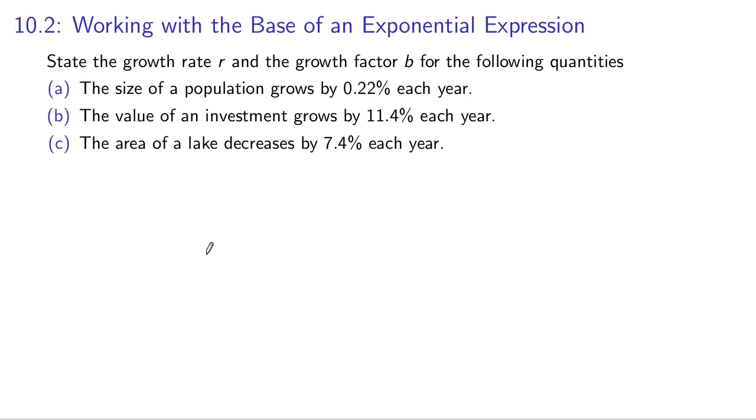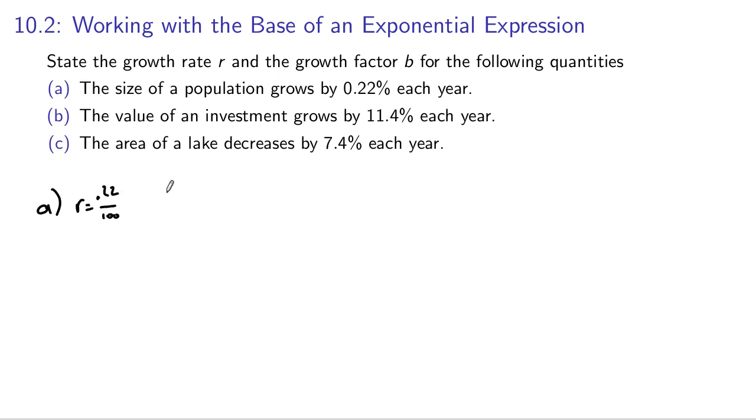State the growth rate r and the growth factor b for each of the following quantities. So A, the size of the population grows by 0.22% each year. Here's again a good example of why we want to remember per 100. So 0.22% is 0.22 over 100.